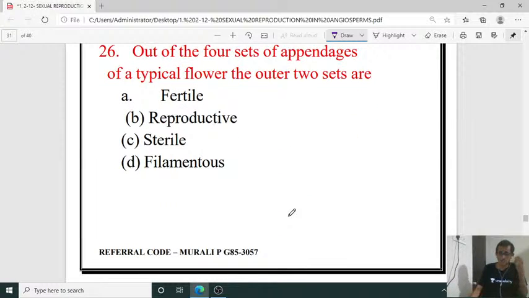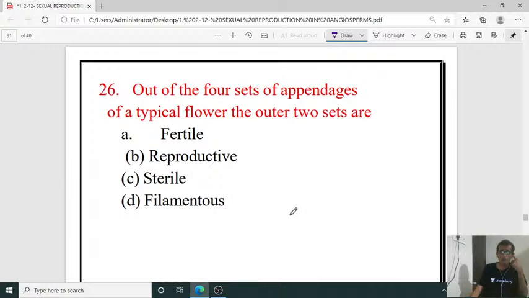Next, question number 26. Out of the 4 sets of appendages of a typical flower, the outer 2 sets are considered as what? The four sets are calyx, corolla, androecium, gynoecium.